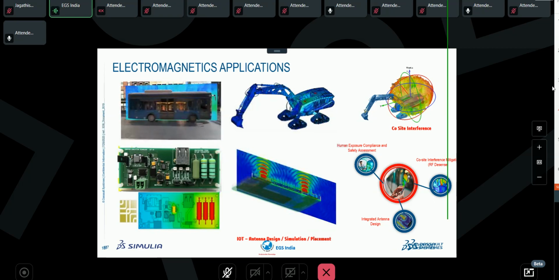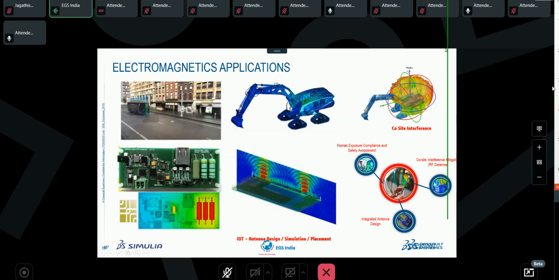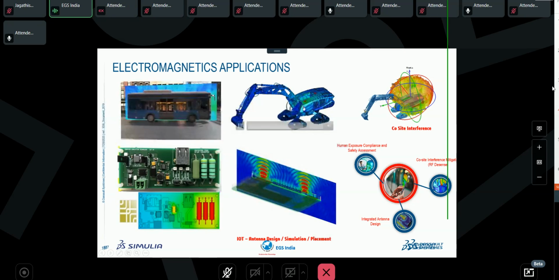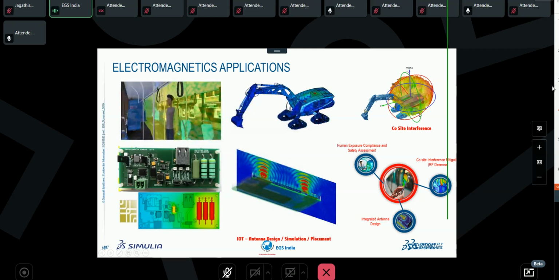With that, we can see how the interaction between electronic devices present in your transportation facility affects the signal, or disturbs it between any two components. Here is a classical example of co-site interference detection of the various antennas present in your vehicle.